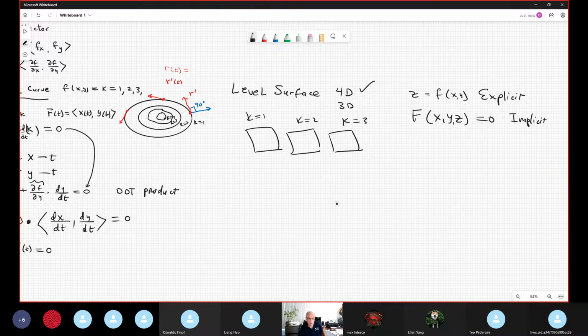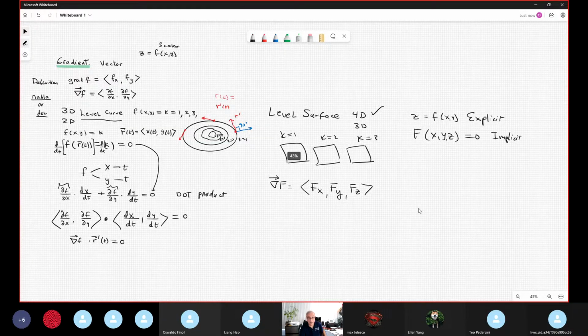If you compute the gradient, in 3D the gradient is partial f with respect to x, comma, partial f with respect to y, comma, partial f with respect to z. Now we can analyze the problem in 2D or in 3D. Let's see the example; when I do the example, you will understand much better. I prefer to compute the gradient like that in 3D, because in this case it's a fantastic way to compute, for example, a normal vector.